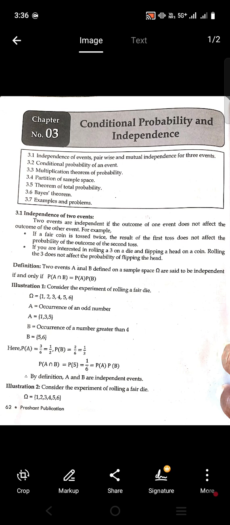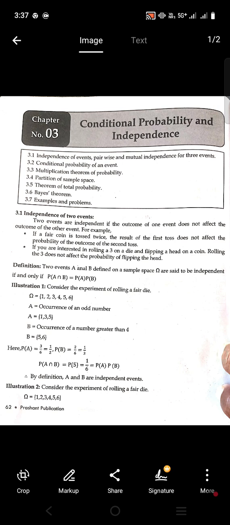Here the sample space of rolling a pair of dice is Omega equal to 1 2 3 4 5 6. We find the probability of A, the occurrence of an even number. The favorable outcomes for an even number are 2 4 6.